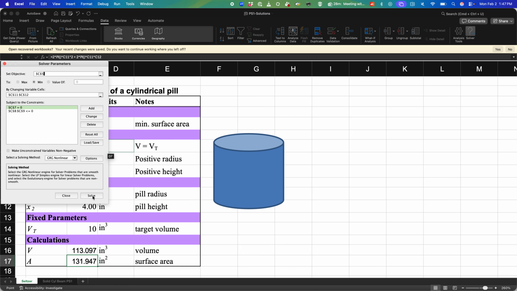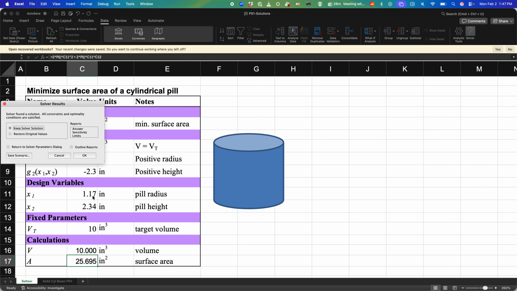And I'm going to hit solve. And great. It will solve for the values I was interested in, right? So 1.17 and 2.34, and this is the only configuration that's going to optimize my surface area with that constraint. Great, okay, seems like it worked, everything was fine.